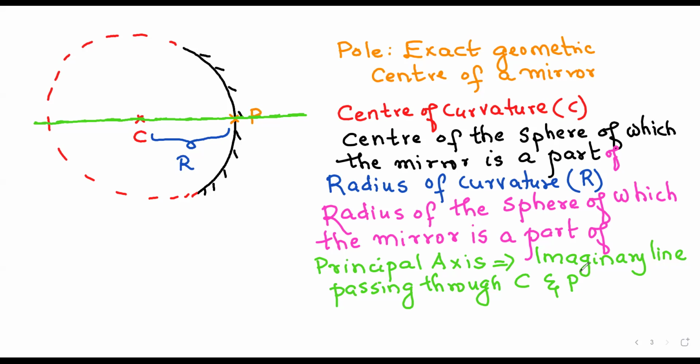Now, any parallel ray to the principal axis after reflection will pass through a single point on the principal axis.